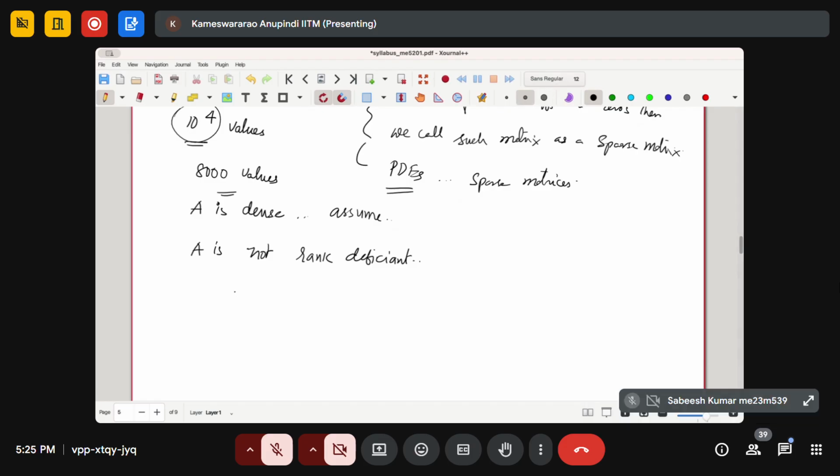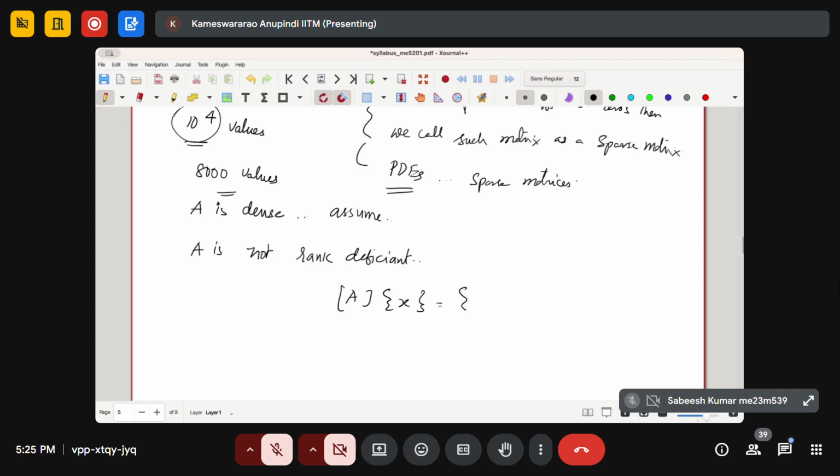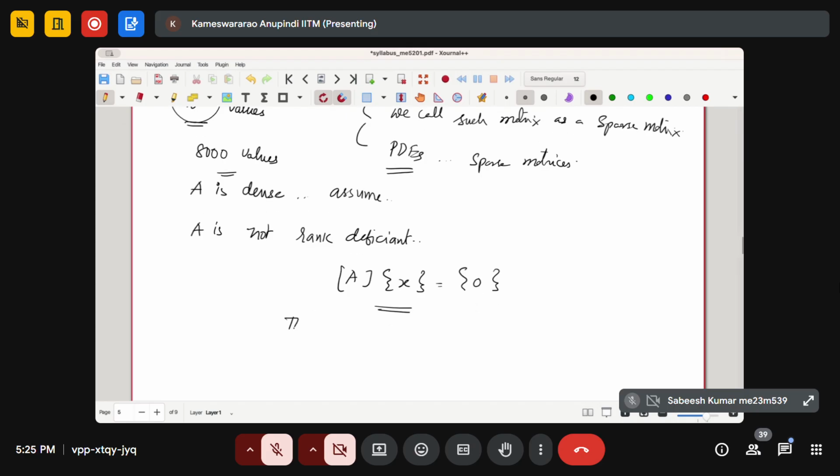What we mean is, if you take Ax equal to 0, instead of Ax equals b, if I want to solve Ax equal to 0, the only solution to this problem is x equal to 0. Only when this vector x is 0, when it is multiplied with these coefficients, are we going to get the 0 vector here. That is the only solution.